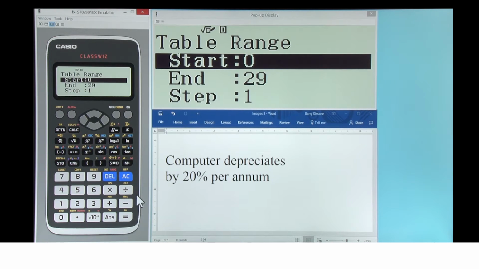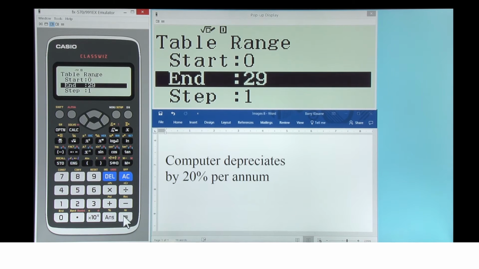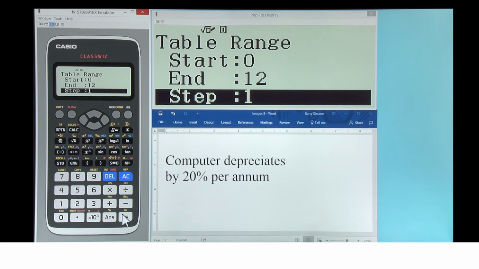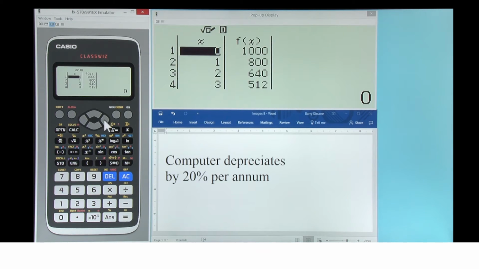And let's see what happens to the value of our computer over a period of, say, 12 years. We start with 0, go to 12, and look at the results every 1 year. And to get our table of values, here it is. And as usual, we can scroll the table to see how the values change from year to year.